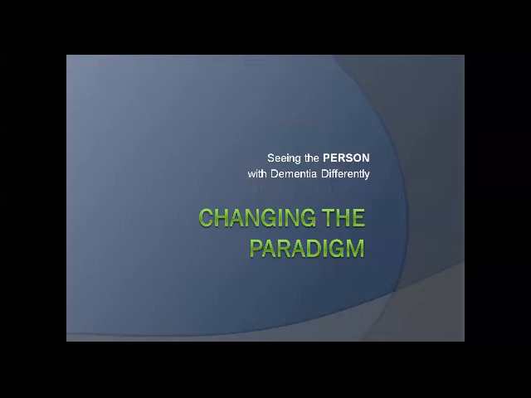The only thing that's really affected, among some other physical things, is their ability to communicate their needs, to let you know that they're there. They have the same feelings and emotions. And the thing that I saw most that affected my mother was that her emotional needs were not being met.